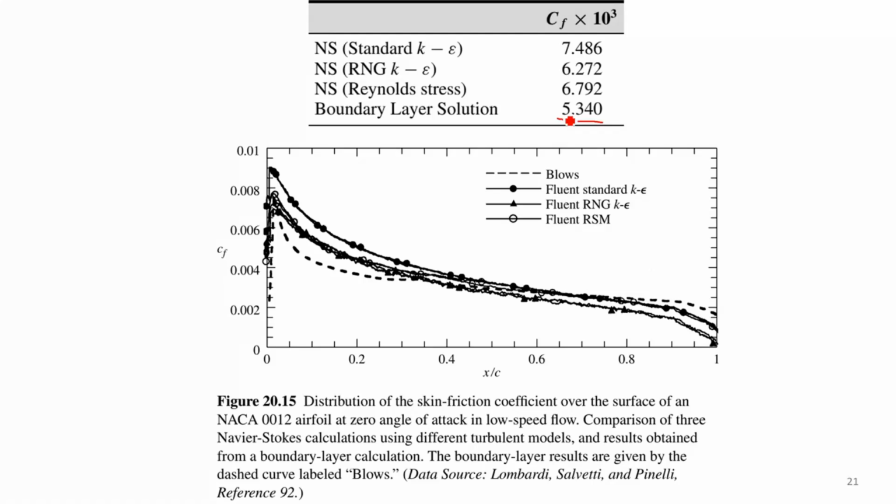Here there is one mistake. It should be 10 minus 3, right? No, multiplied by 10 power 3, so we receive this. But when we look at the graphics, we see that it's 10 minus 3, more or less.